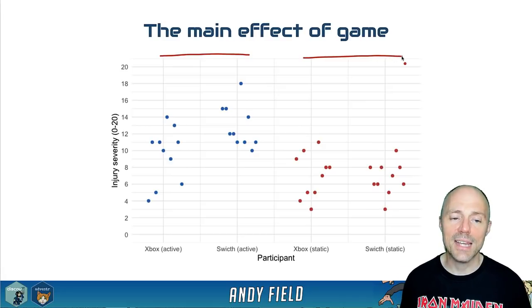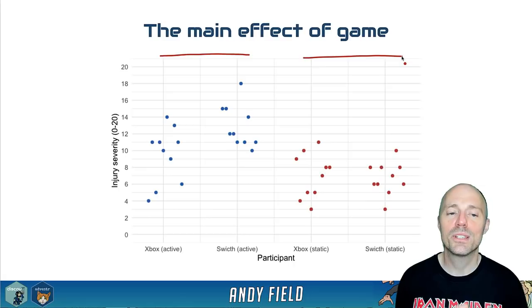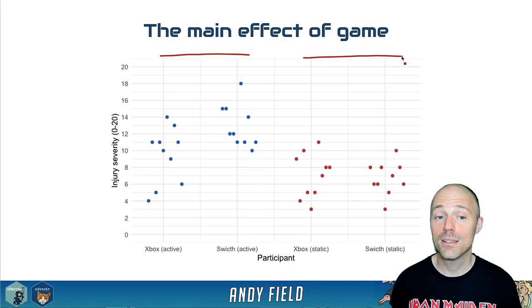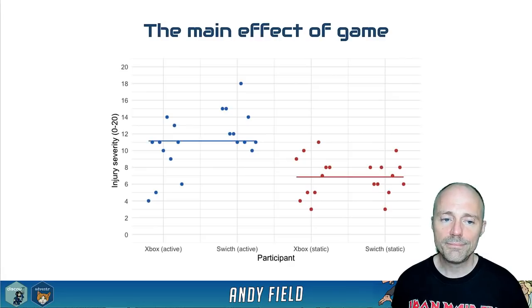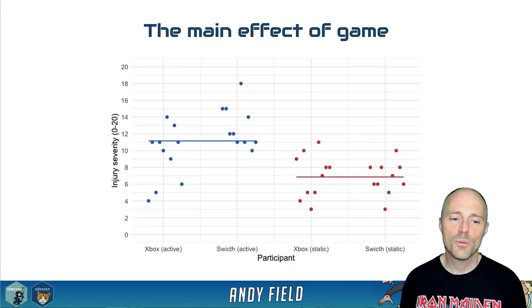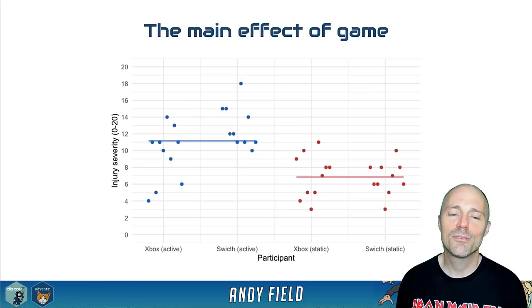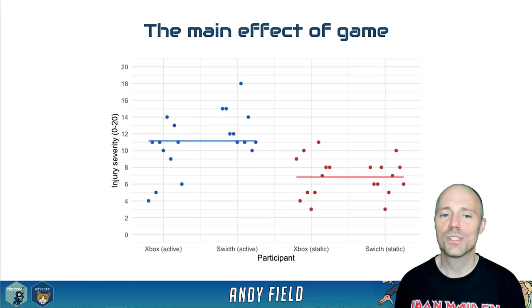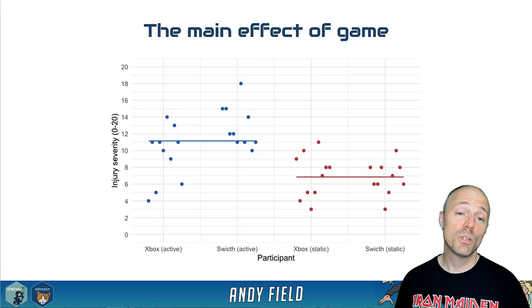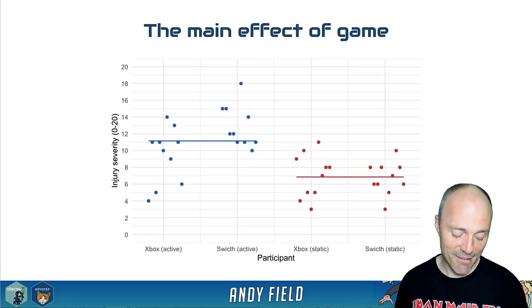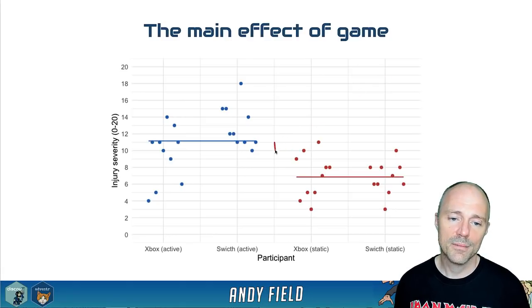Having lumped all those data points together, we can calculate the mean. If we do that, we get these two values: the mean number of injuries for active games and the mean number of injuries for static games. So when we look at game in isolation, we are just comparing these two means. We're asking basically, is that distance there significantly different from 0?